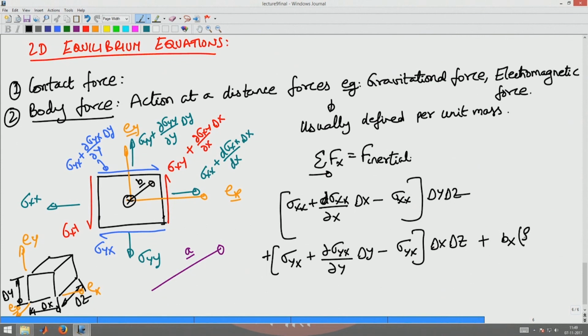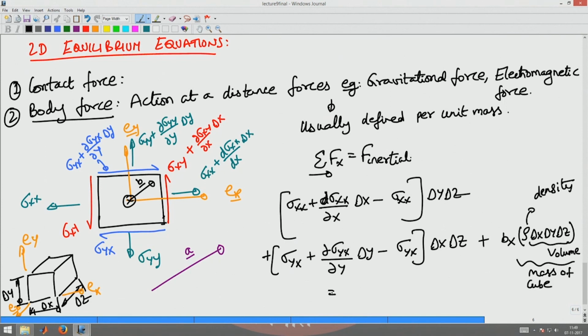Okay. So I will write the mass as rho times delta x delta y delta z, where this is the volume and this is the density; delta x delta y delta z is the volume of the cube, and hence this product will be the mass of the cube.